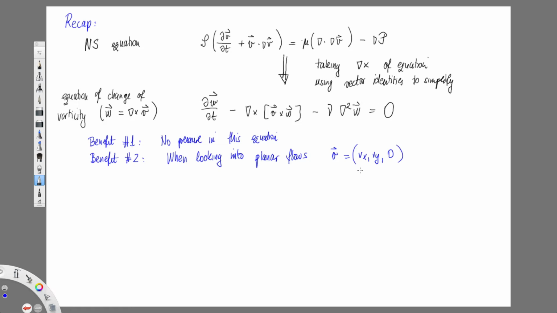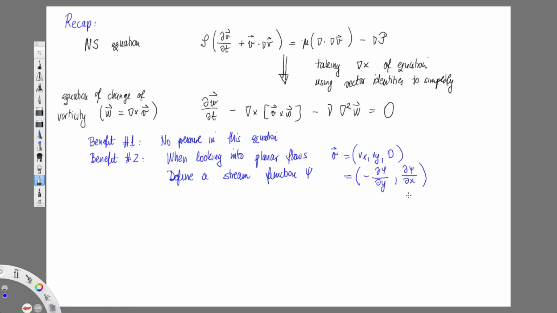So you can define a stream function, which we refer to as psi, such that Vx is partial psi partial y and Vy is minus partial psi partial x. If you have the velocity field already, then these two partial differential equations are simple enough that you can integrate them and find this stream function.